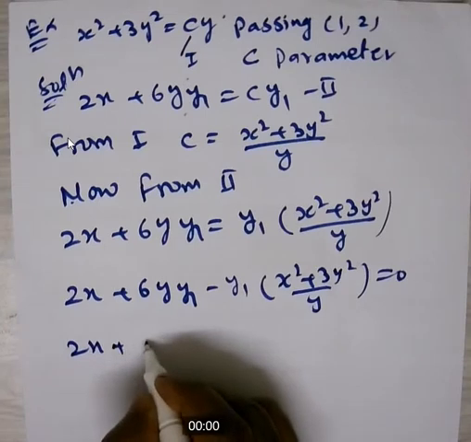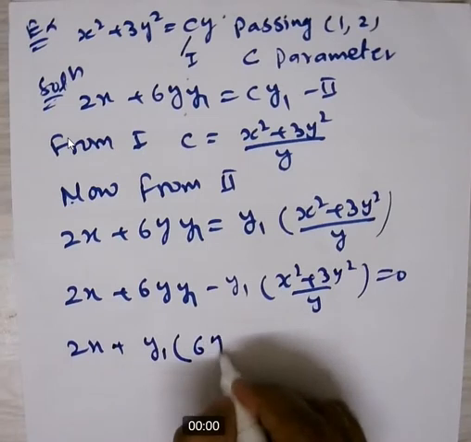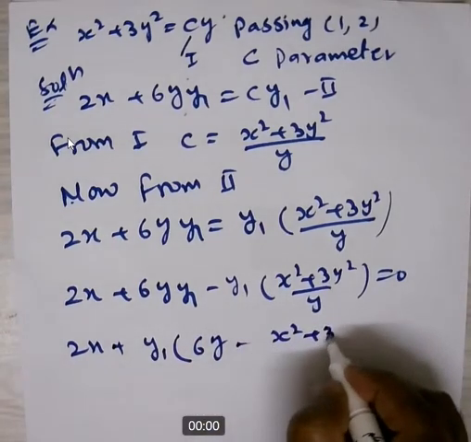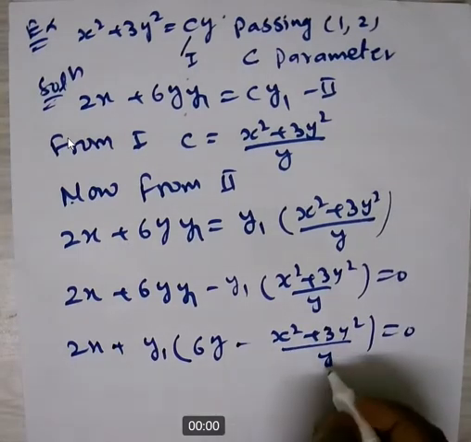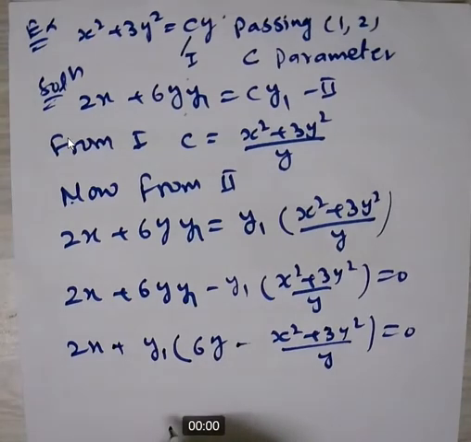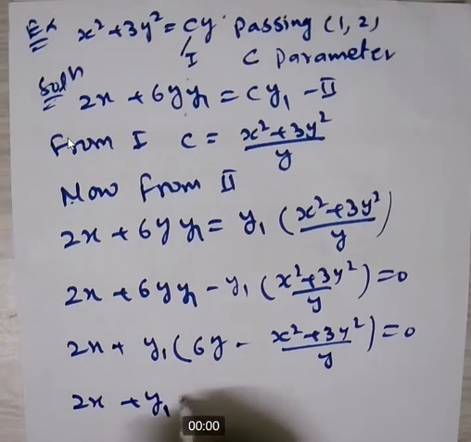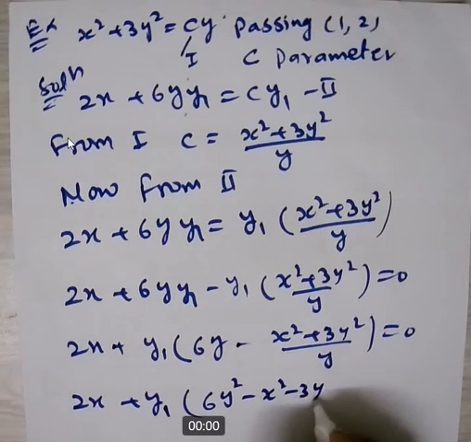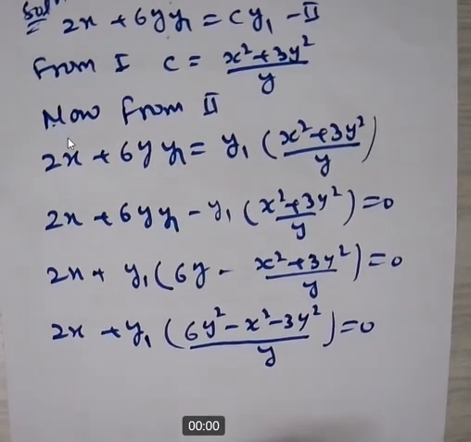So 2x plus y1 common: 6y minus (x square plus 3y square) divided by y equal to 0. Now multiply and simplify it. So it comes 2x plus y1, and this comes (6y square minus x square minus 3y square) divided by y equal to 0. After that, simplify again.